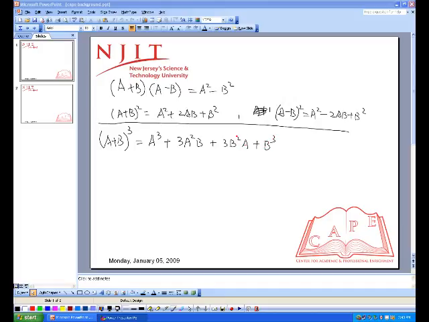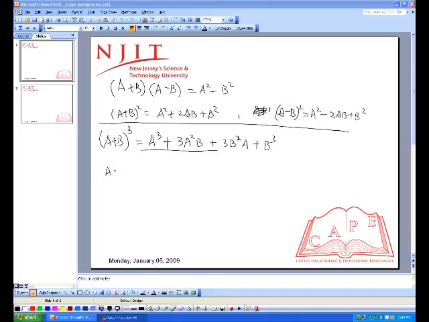Okay, so if you look at this, it's equal to the first term cubed and also the last term cubed, plus 3 times the first term squared times the second term plus 3 times the second term squared times the first term. Okay, so this is a useful formula that might appear on your exam.